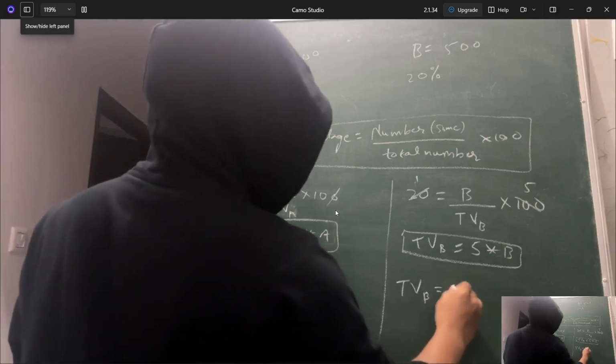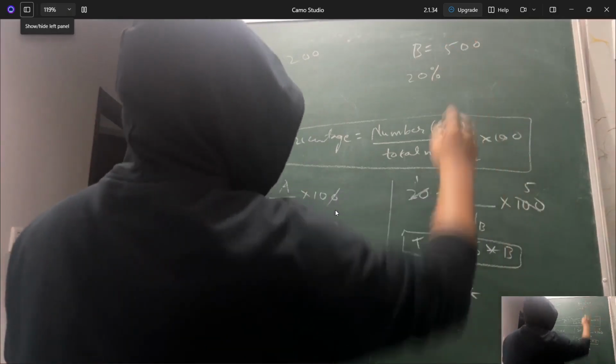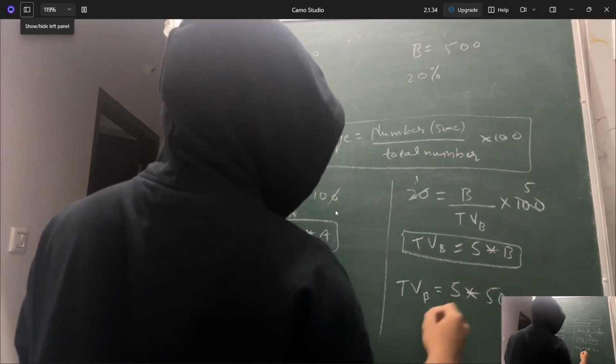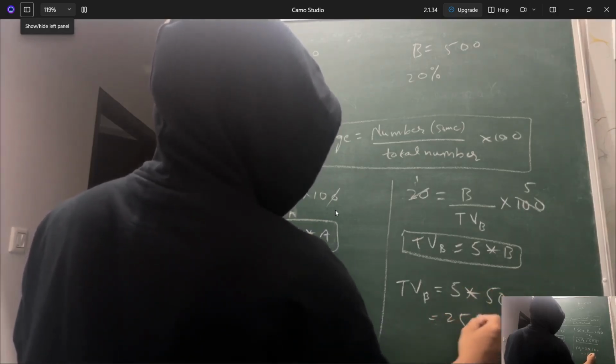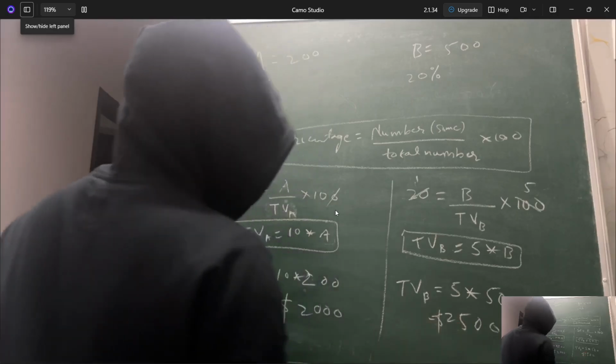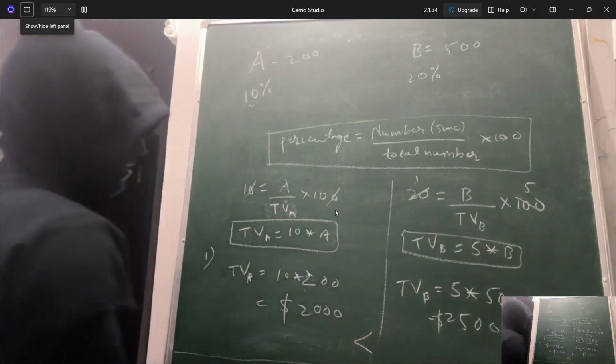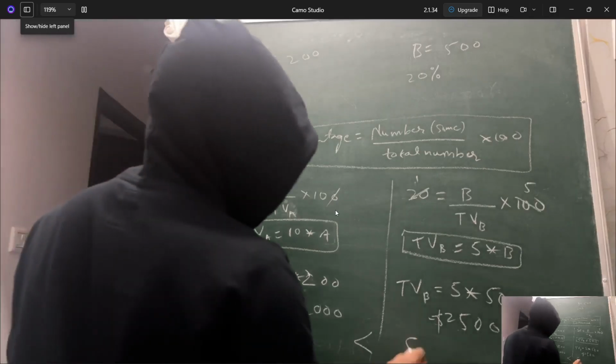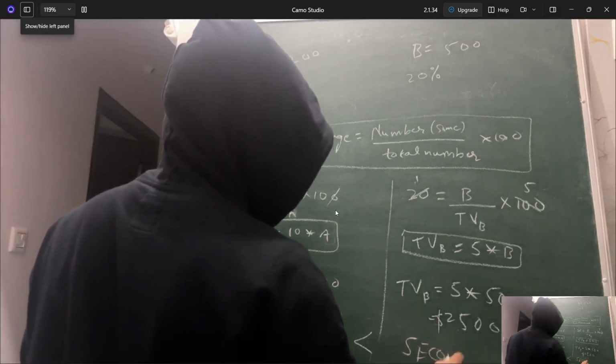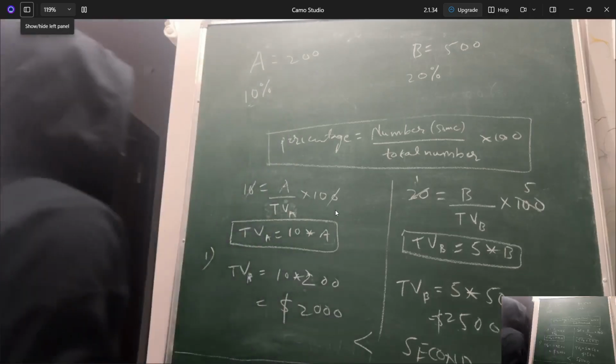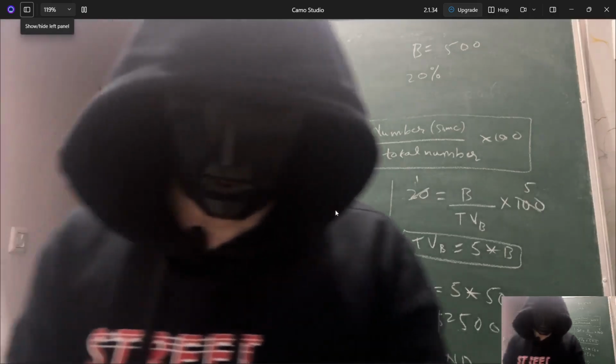If he chooses investor B, then his company's valuation will be 2500. Obviously 2500 is greater than 2000, so in this case we'll have to print second. So this is pretty much what you'll have to do.